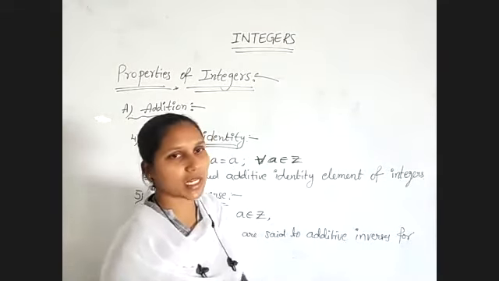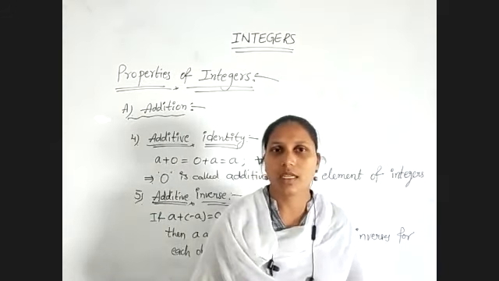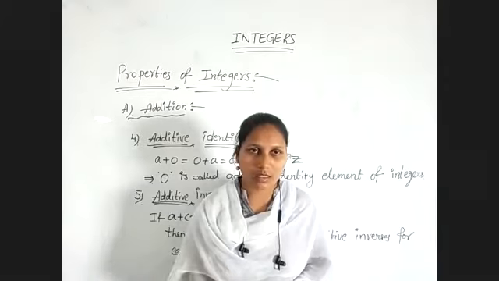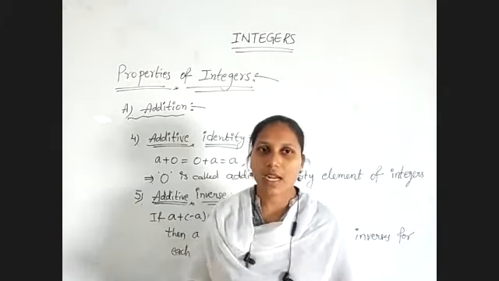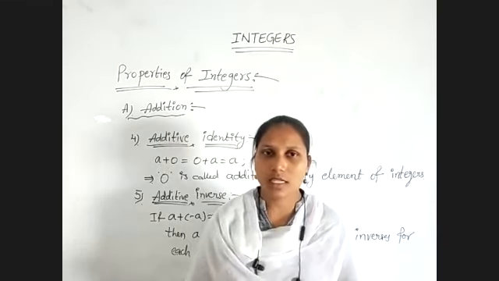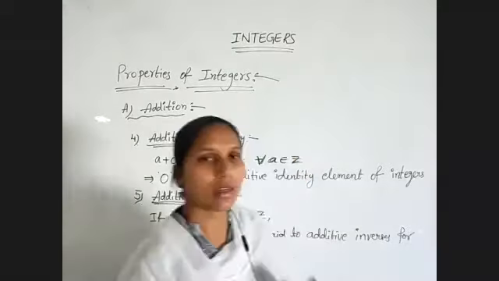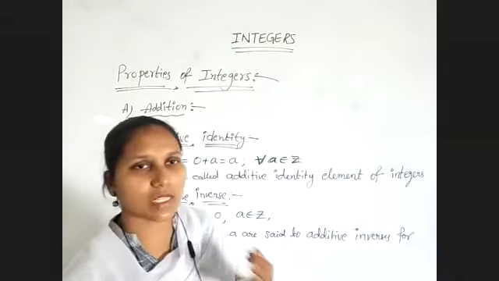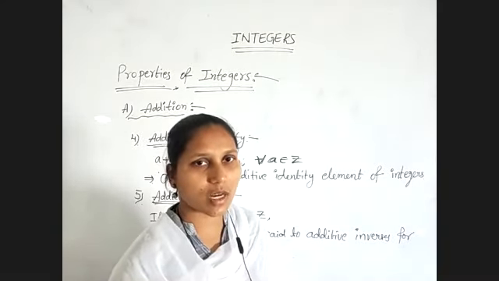The closure property states that if you add any two integers, the result is also an integer. And the commutative property: if we add any two integers by changing the order, the result will remain the same. That means 5 + 3 = 3 + 5 = 8. So by changing the order, the result is not affected.